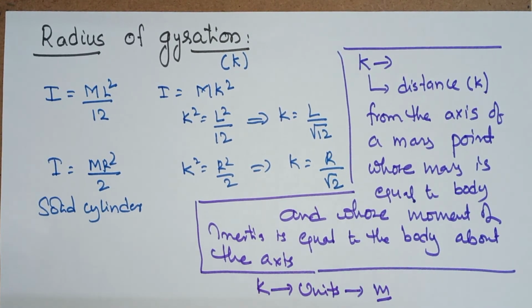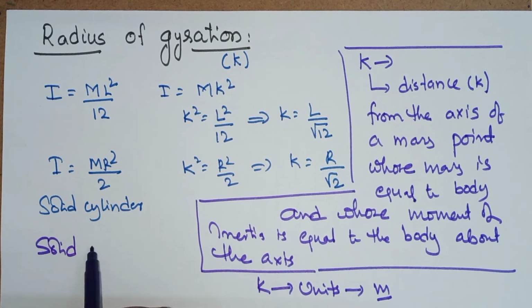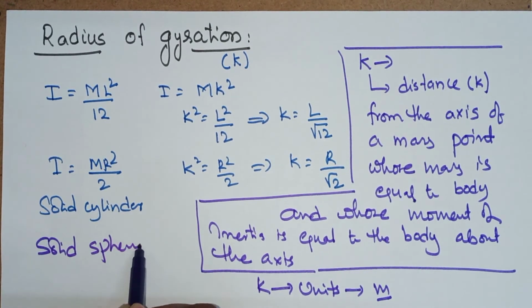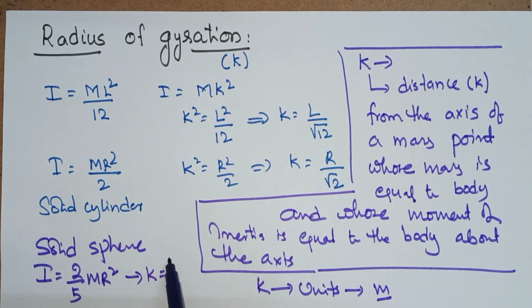Let us choose a solid sphere. I is equal to 2 by 5 mr square. What is k here?